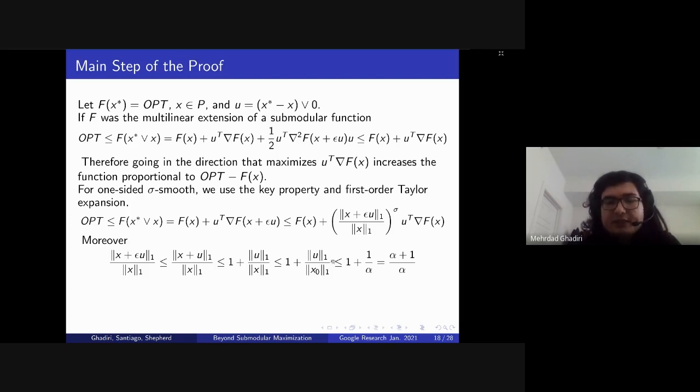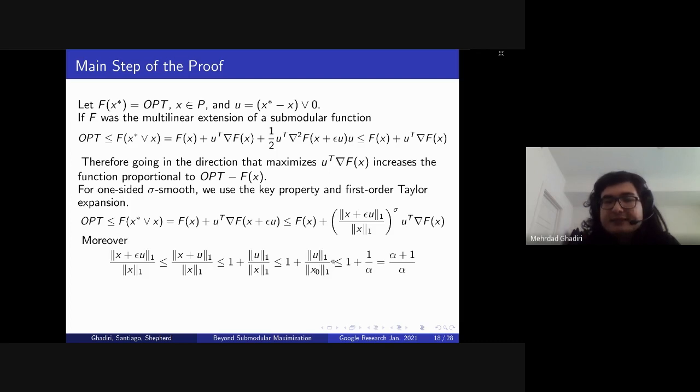Why can we do that? Because we start from a non-zero point. Because epsilon is between 0 and 1 and u is non-negative, we have the first inequality. Then the second inequality is actually an equality. We can separate the L1 norm in the numerator.